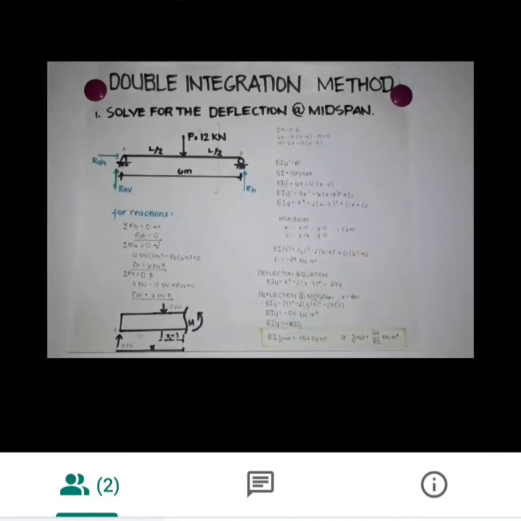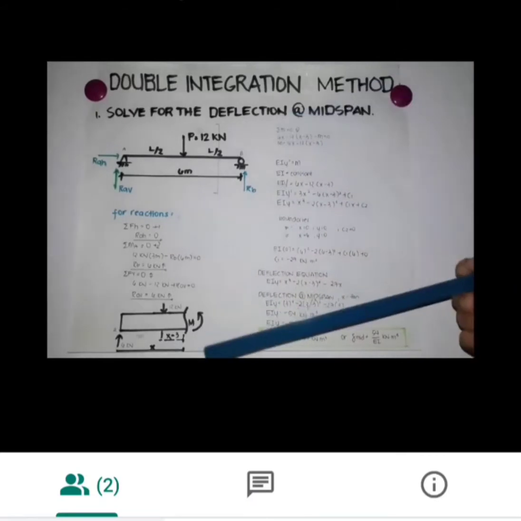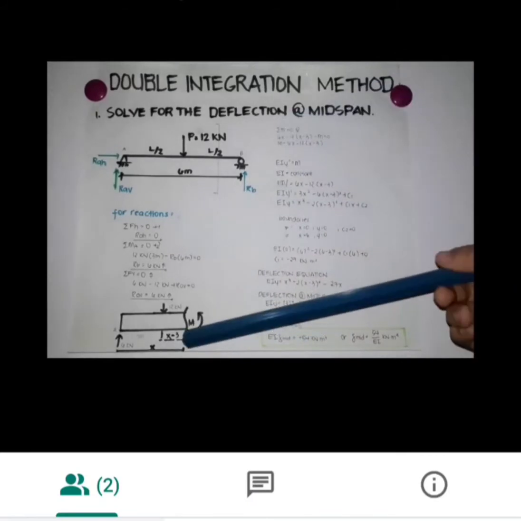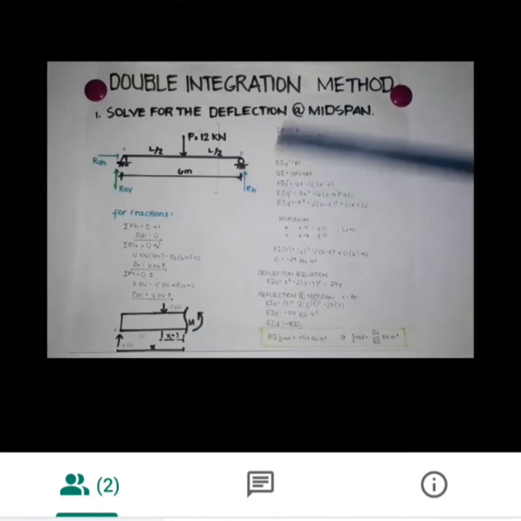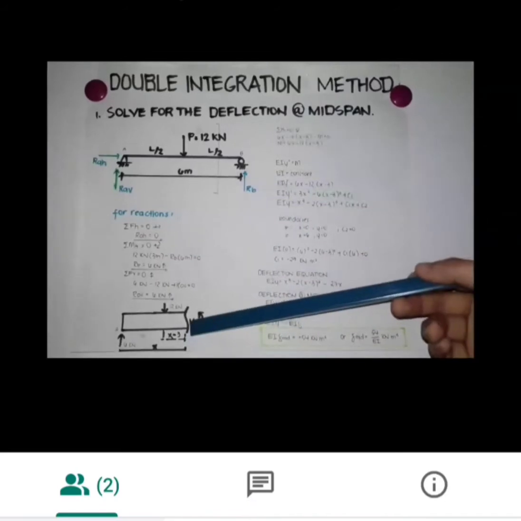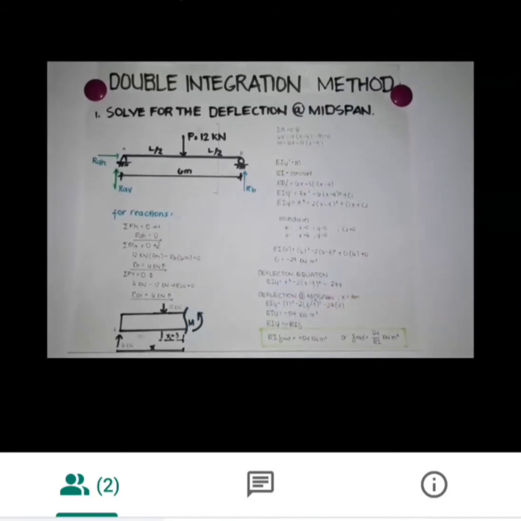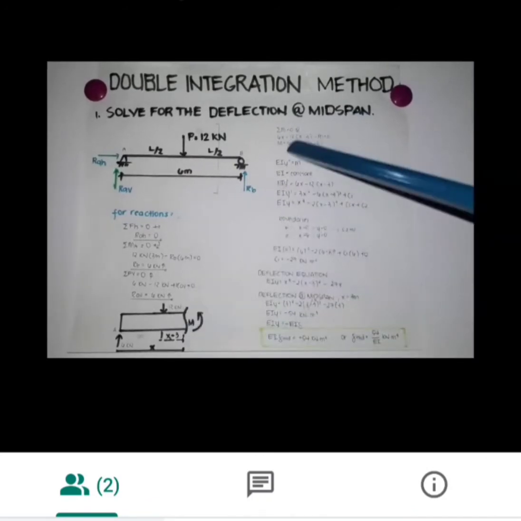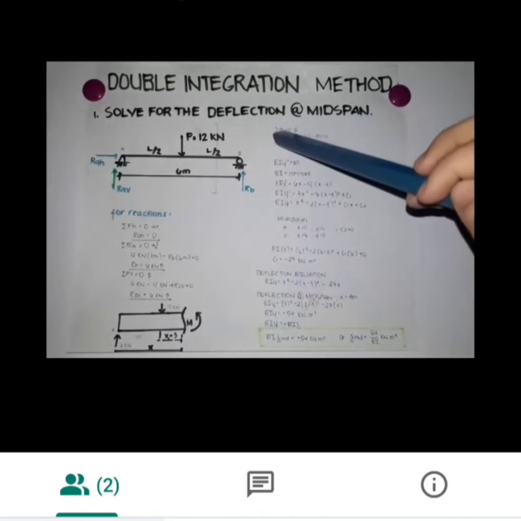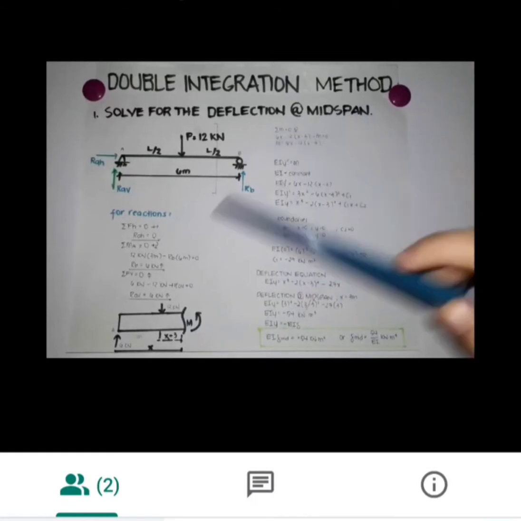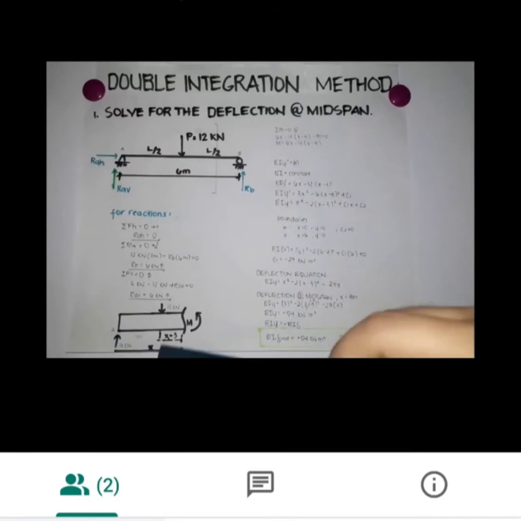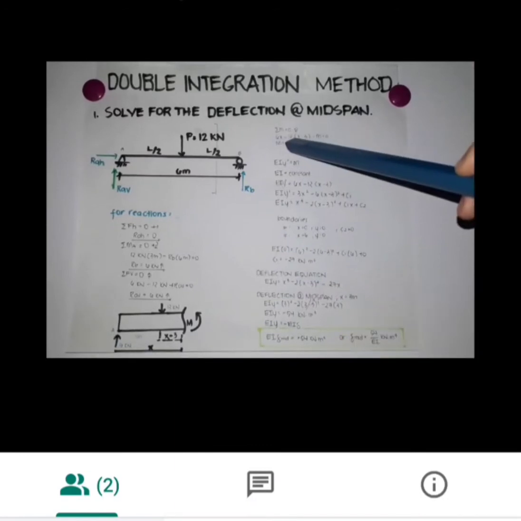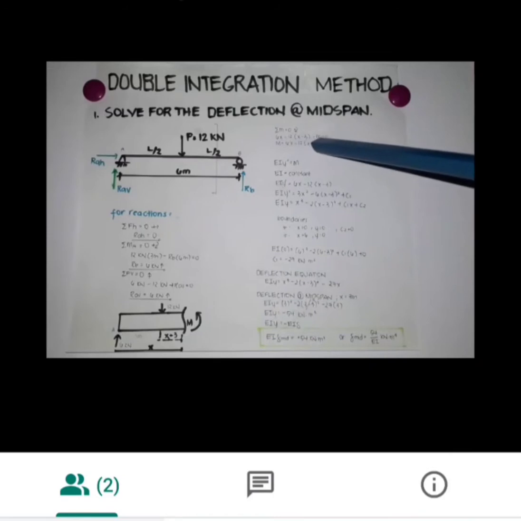After that, mag-moment na tayo dito sa part ng cut na beam. Summation of moment is equal to 0, clockwise positive, 6 times x minus 12 times (x minus 3) minus M is equal to 0.